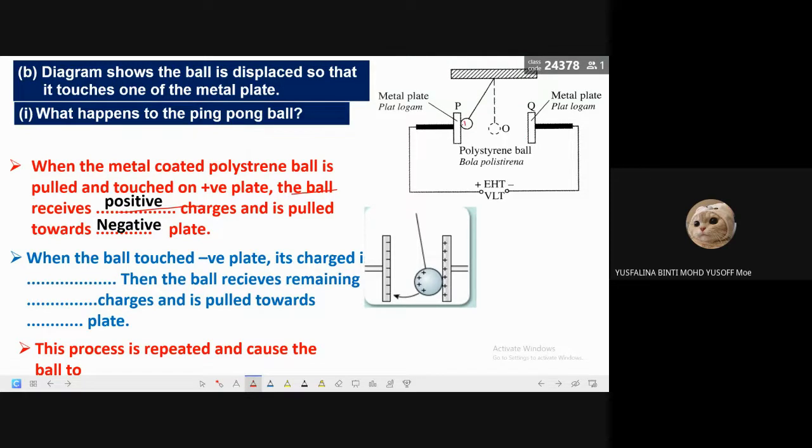Positive and positive, it will repel, so it will push the polystyrene ball to the metal plate Q. Here the metal plate Q is negative, so the negative charge will go into the polystyrene ball, and now it becomes negative. Negative and negative, it will repel, so again it will swing back to P.